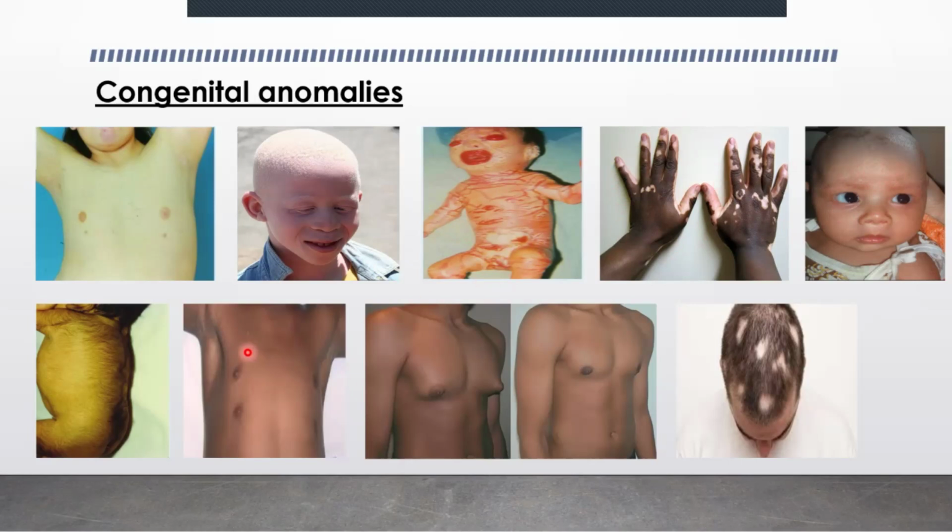Then you can appreciate this excessive growth of hair. This is hypertrichosis. Here you can appreciate the presence of multiple nipples. So this is polythelia. This is gynecomastia, the presence of enlarged breasts in the male. Then you can appreciate partial absence of hair.